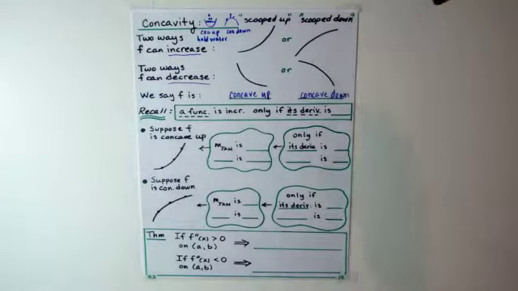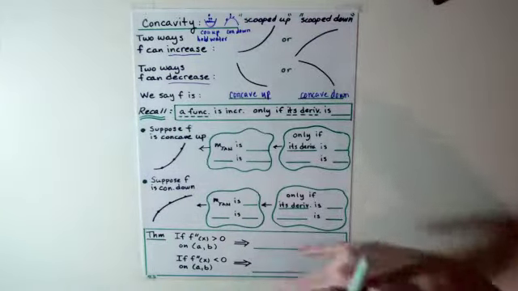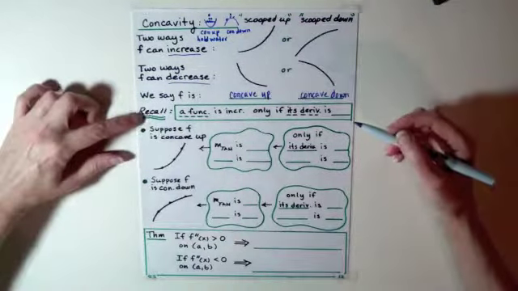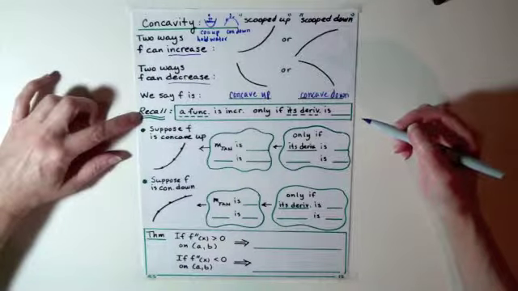Okay, well, we want to know in terms of the derivatives of a function what tells us when a curve is concave up, when it's scooped upwards, and when it is concave down, scooped downwards. And in order to understand that, I want us to go back and recall the following fact.